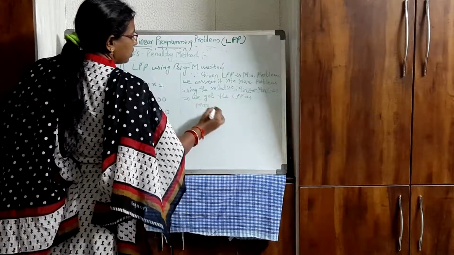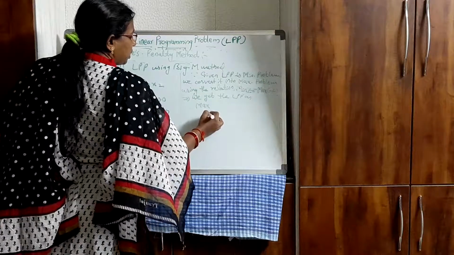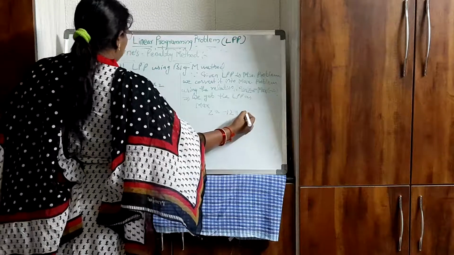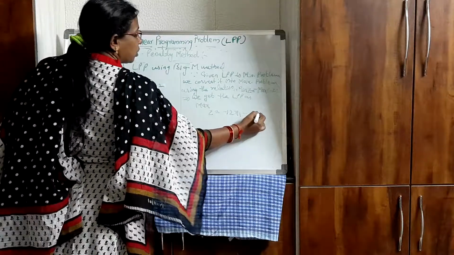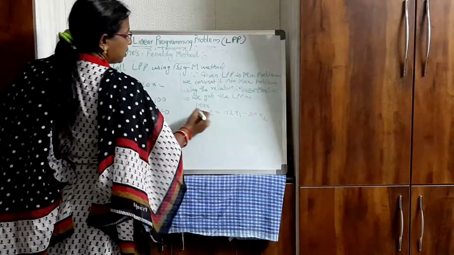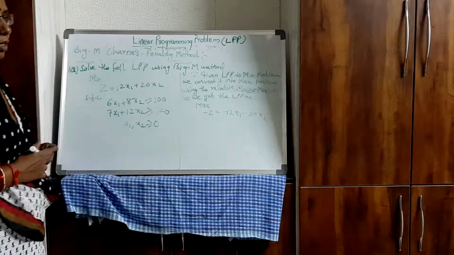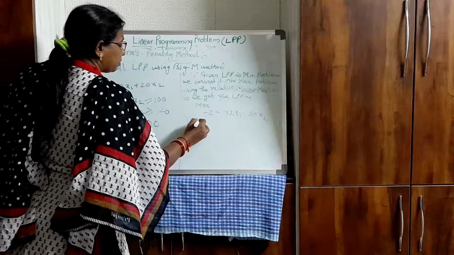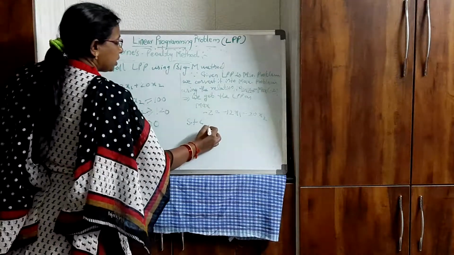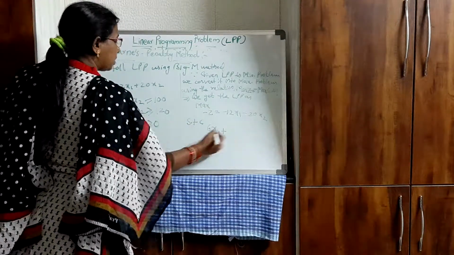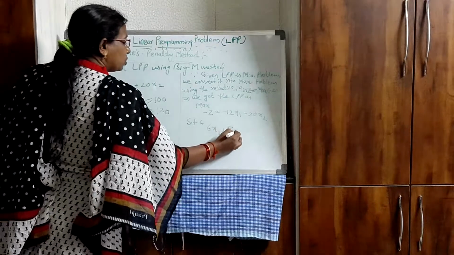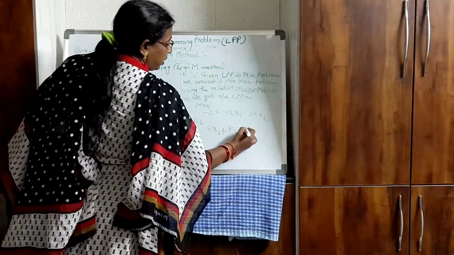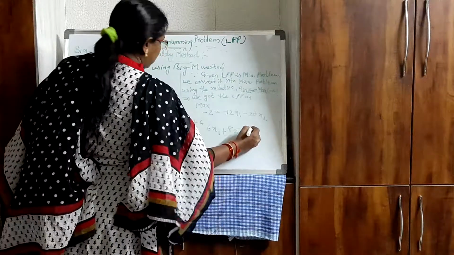Maximize of minus Z equals minus 12x1 minus 20x2, subject to constraints 6x1 plus 8x2. Here I have greater than or equal to, so I will subtract a surplus variable S1.